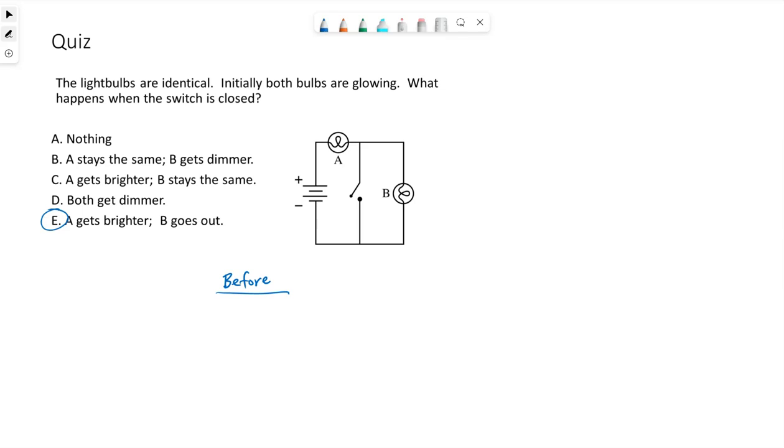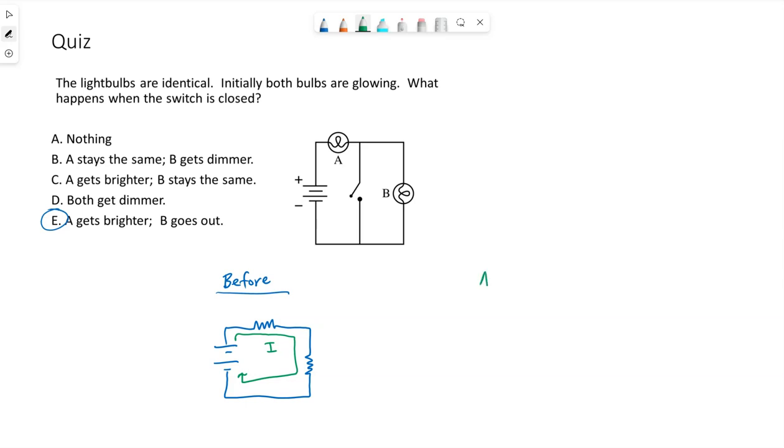Now here, since we're talking about brightness of the light bulbs, we're thinking power. Before that switch is closed, we essentially have these two light bulbs in series. So the current that is flowing, this current, depends upon the equivalent resistance of the circuit. It depends upon both light bulbs.